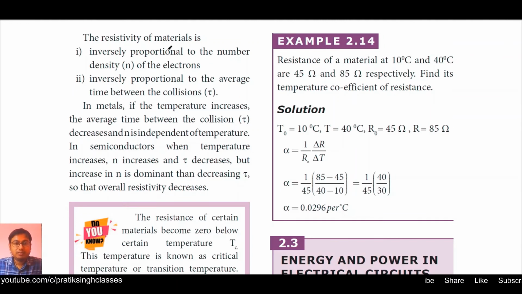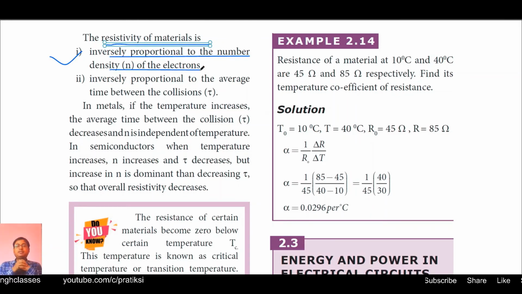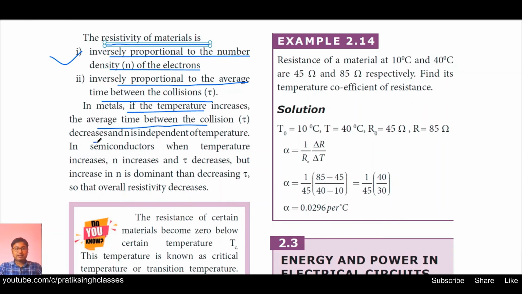Now coming to some important topics, the resistivity of a material is, number 1, inversely proportional to the number density of electrons. That means if the electron density is higher, resistivity will be lesser, because in that situation the flow of current will be easier. Then it is inversely proportional to the average time between the collisions, that is tau. In metals, if the temperature increases, the average time between collisions tau decreases.